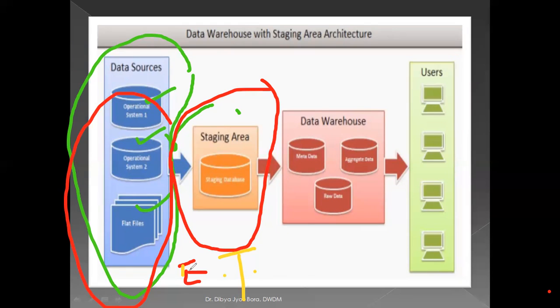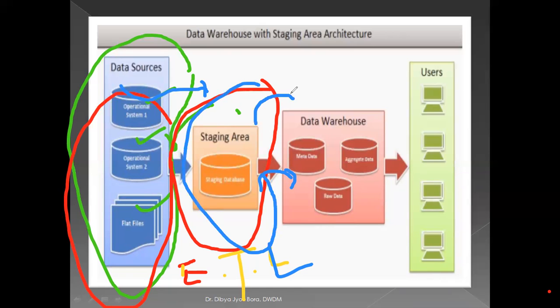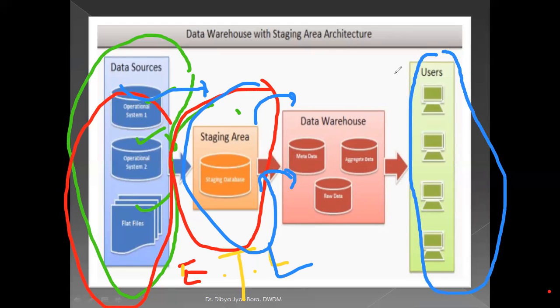And after that only we load them. We load them into the data warehouse. Okay? So extract, transform, and load, ETL process. Then from that data warehouse, different users can access the data as per their requirement and authentication or authority.